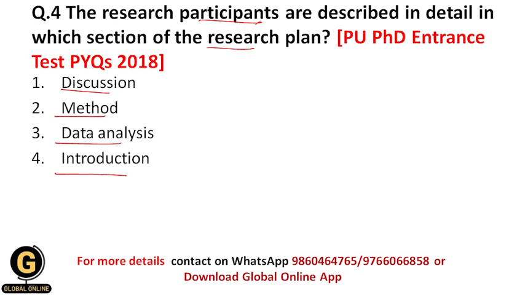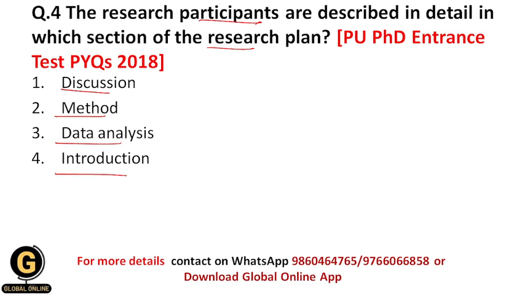So students, within the research plan, there are lots of sections like introduction, then research method section, in which we provide the information about data collection methods and data analysis methods. Then there is result section, right?